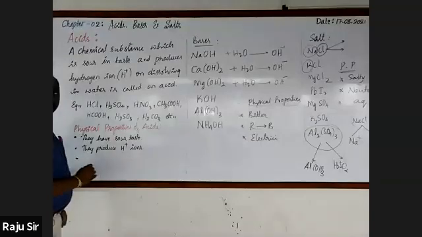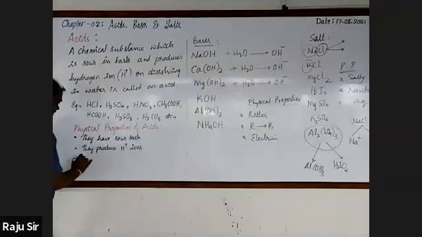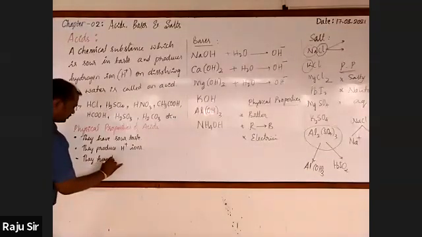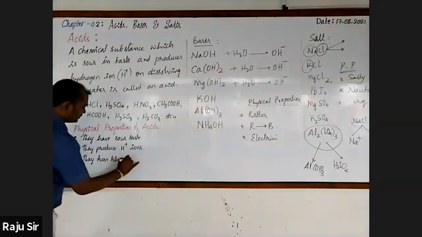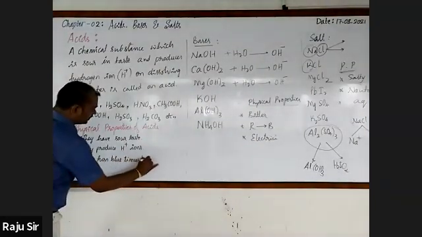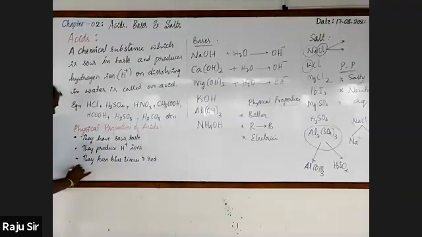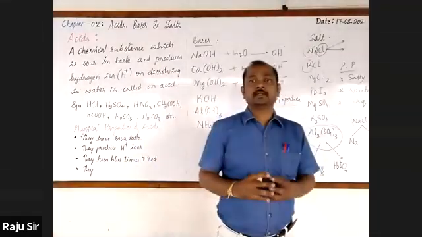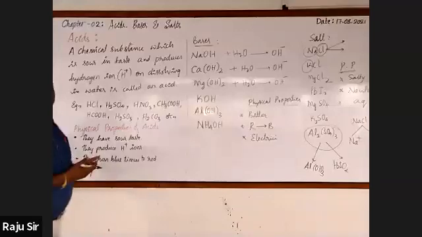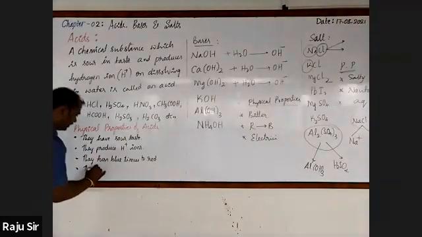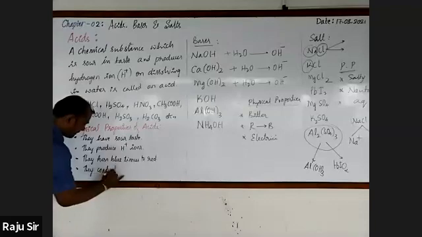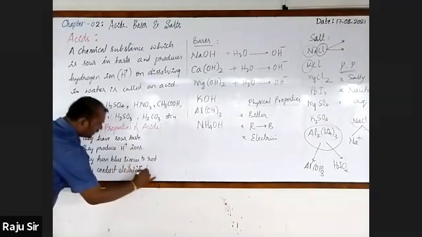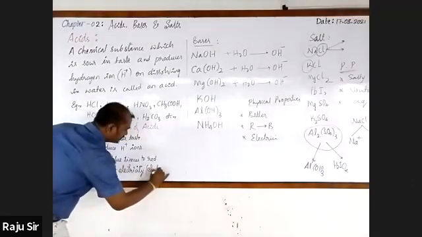Next, they turn blue litmus to red. Next, they conduct electricity as they are in liquid form. They are also called electrolytes. In bracket, you write they are all electrolytes.